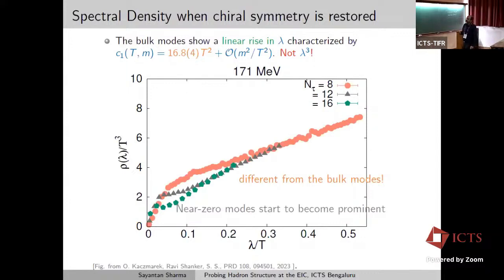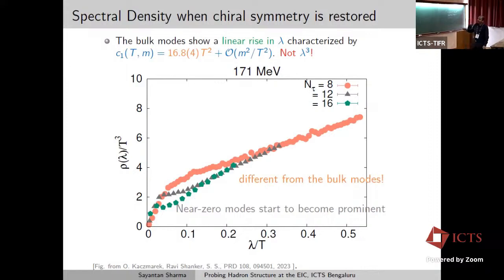Now, if we go to temperatures where chiral symmetry is effectively restored, the non-singlet part of it, then of course we see that some new features come up. So of course the intercept goes to 0 because the chiral condensate also goes to 0. We are in the chiral symmetry restored phase. But then there are these small peaks that appear.